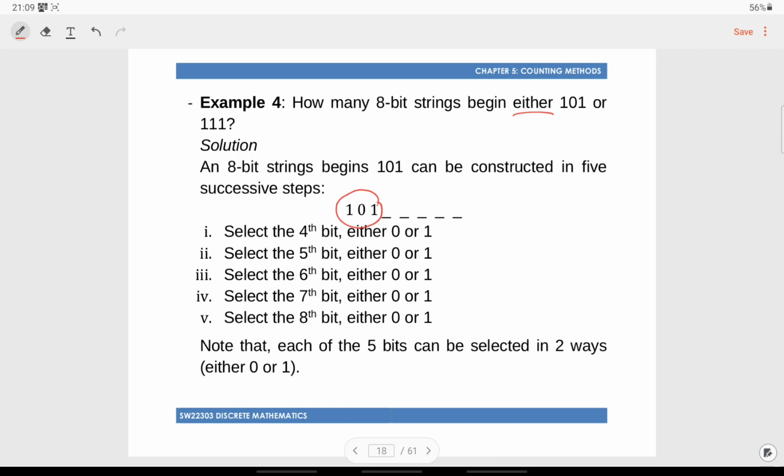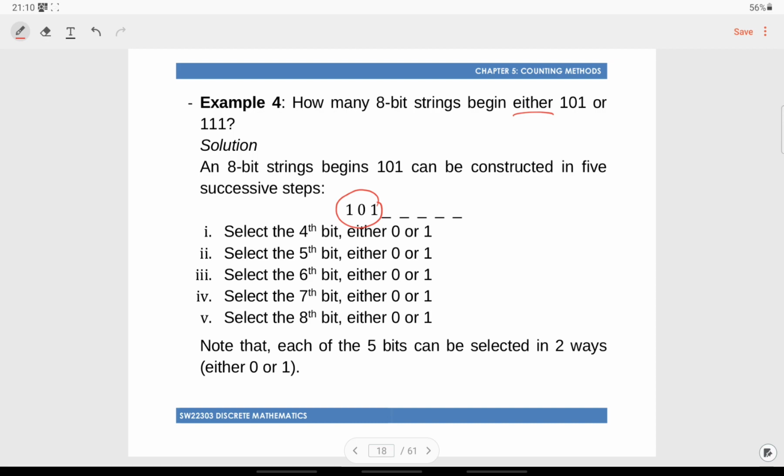Because this is binary, the possible element is either 0 or 1, so we have 2 different selections, and this task can be done in 2 different ways. Either we choose 0 or we choose 1. We move to the second step, to select the 5th bit. It can also be done by choosing either 0 or 1.